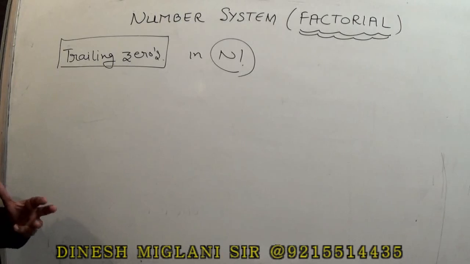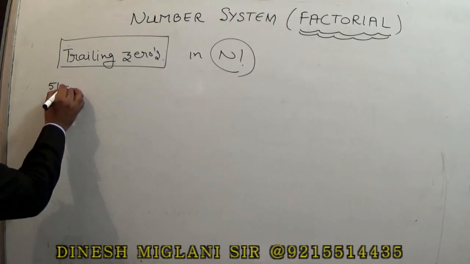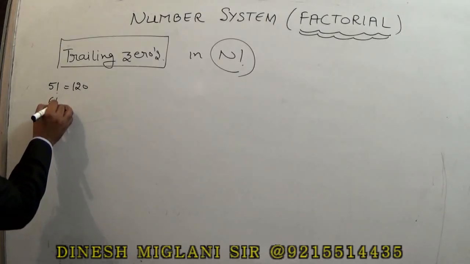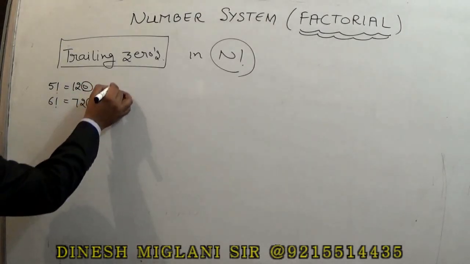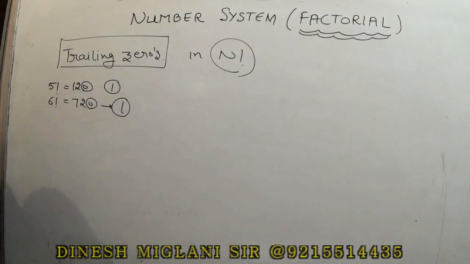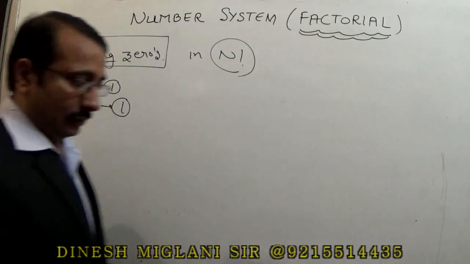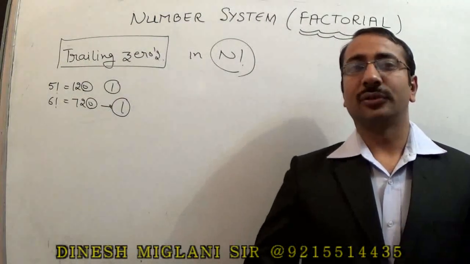First we have to understand what we mean by this trailing zeros. Suppose you say 5 factorial equal to 120, 6 factorial is 720. This 0 is number of trailing zeros. In 5 factorial my trailing zeros is 1, in 6 factorial my trailing zeros is 1. Right? Now first of all, there is a need to understand how we get the trailing zeros.